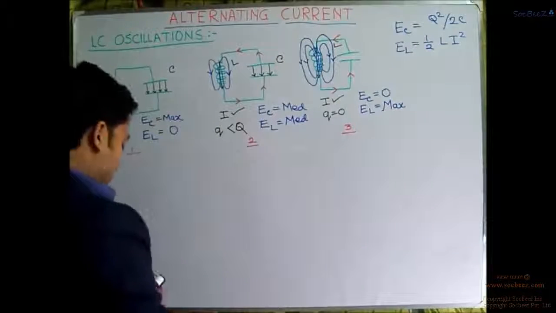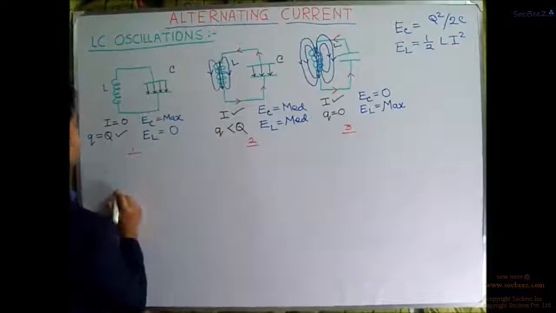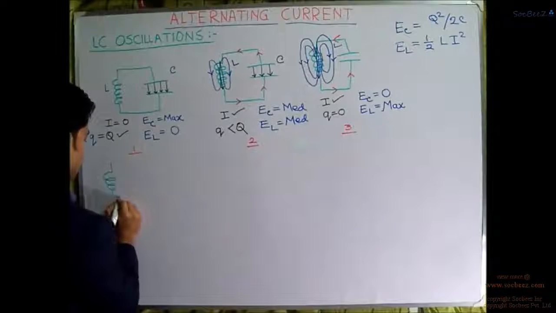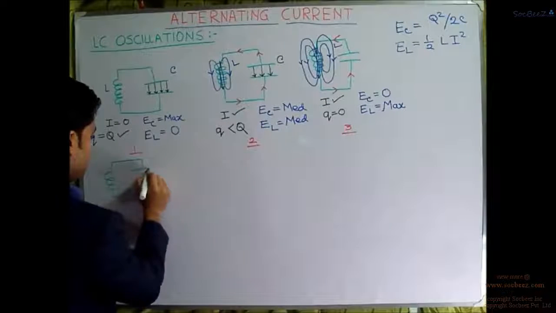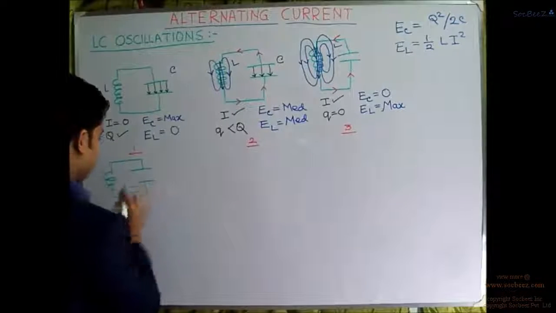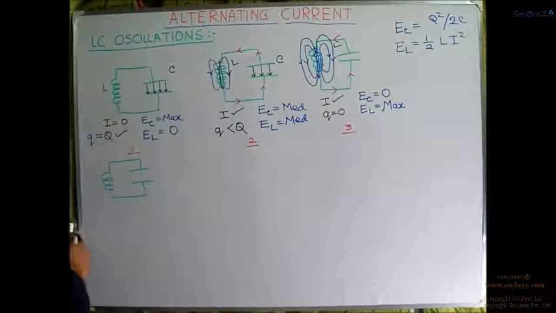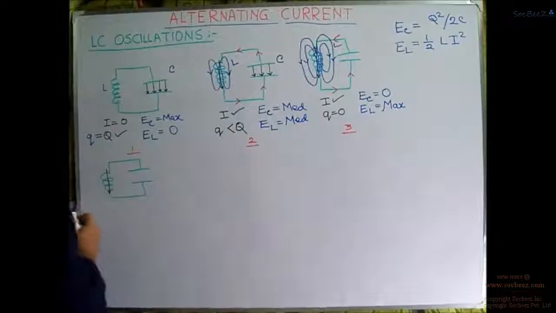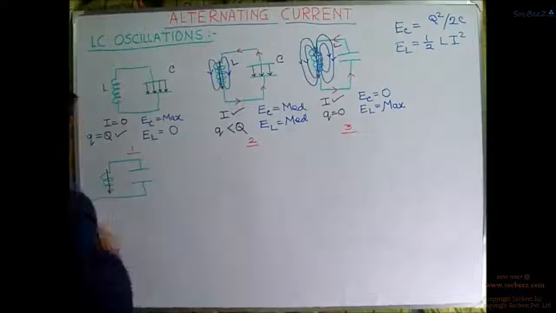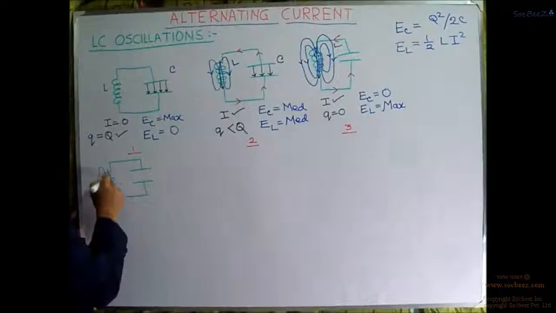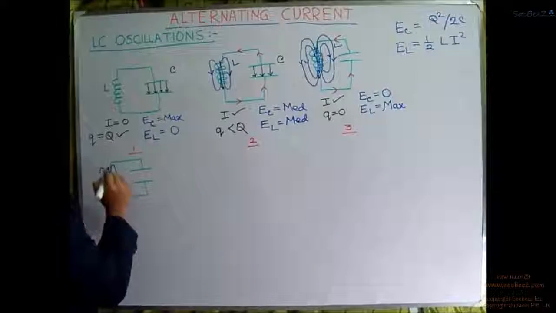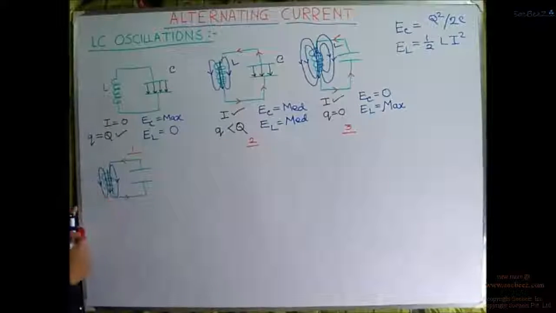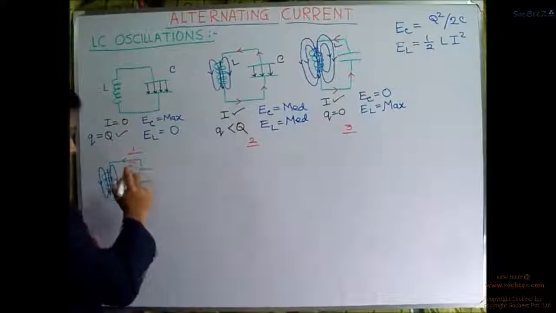So the fourth scenario that we shall observe will be, obviously due to self-inductance, like this, because I is flowing, and thus the charge is now carried to the capacitor.